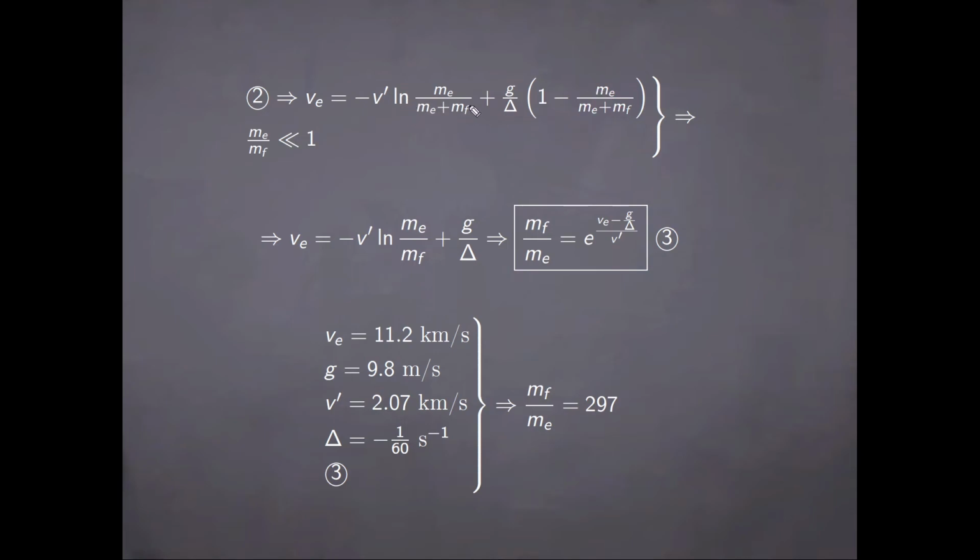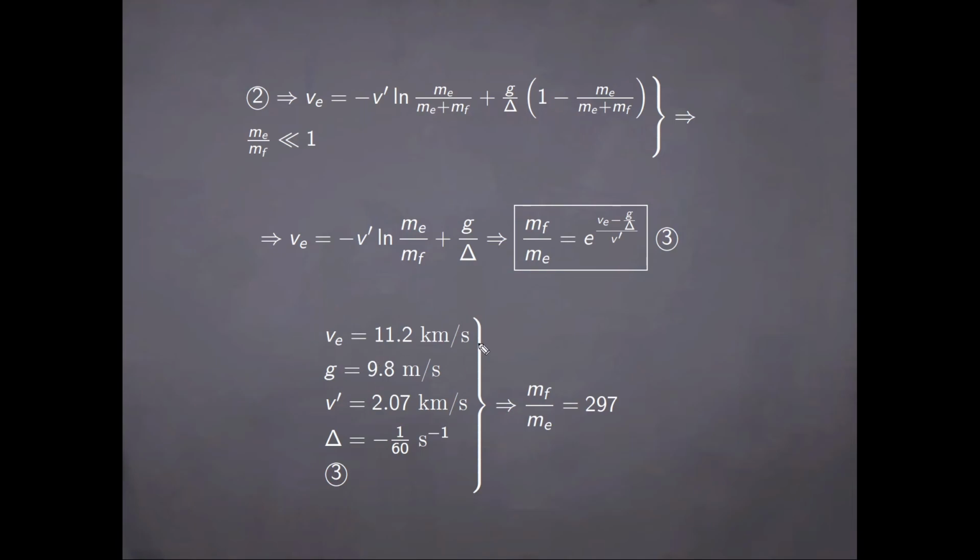And within the argument of the logarithm, I can force a factor mf down here as a common factor, and then I can forget about the ratio in the brackets, which leads me immediately to the formula here, which I can easily solve for the ratio of mf to me and obtain finally the boxed result here, which once again, keep in mind that the quantity delta appearing in the exponent is negative, so overall the sign here is positive, is a plus.